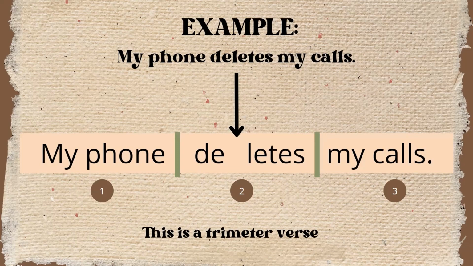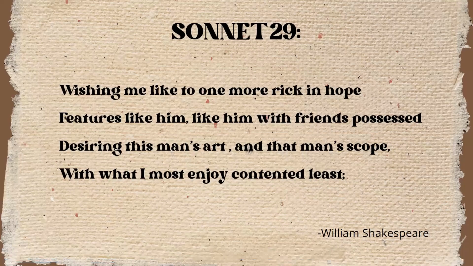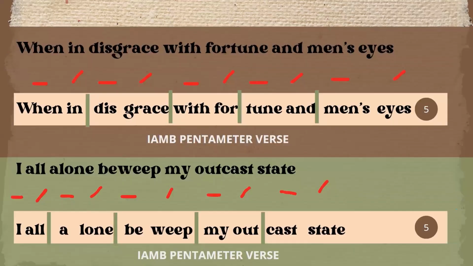Now let's look at an example with Sonnet 29 by William Shakespeare. The first verse is: when in disgrace with fortune and men's eyes.